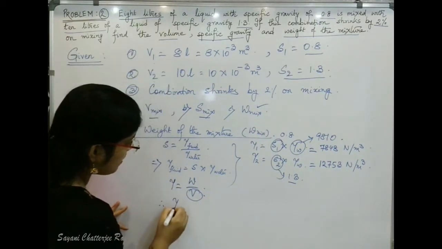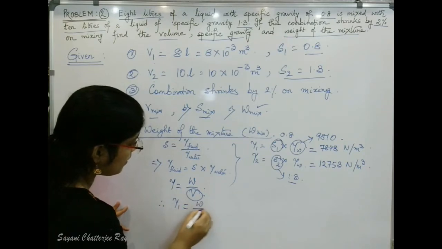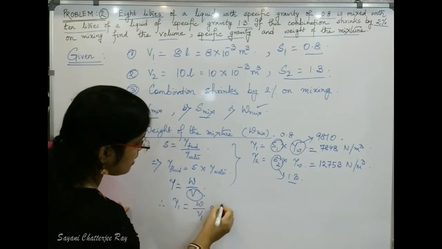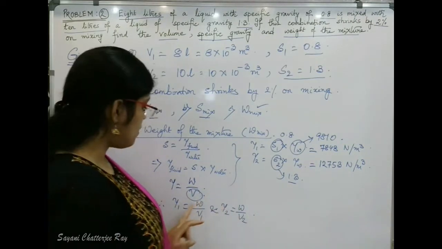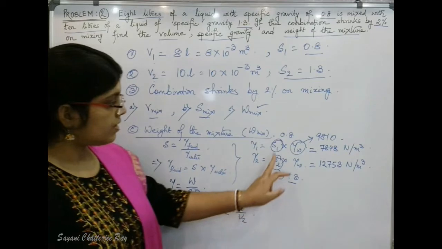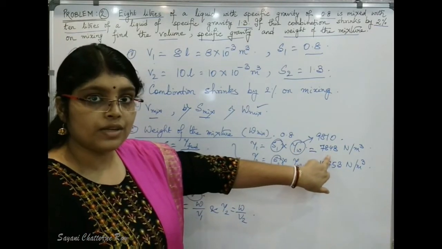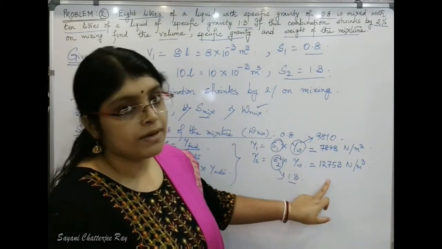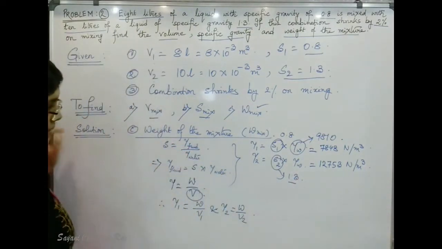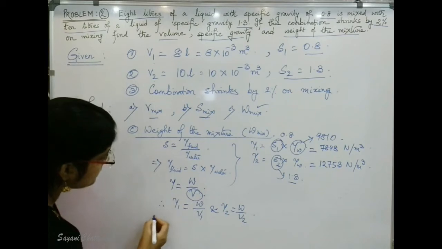Therefore gamma 1 equals W by V1 and gamma 2 equals W by V2. We know the values of gamma 1, which is 7848 Newton per meter cube, and gamma 2, which is 12753 Newton per meter cube. So we will substitute both of these values.